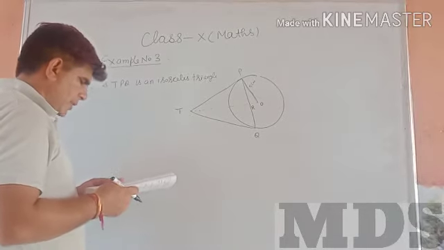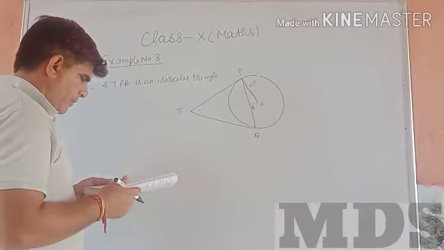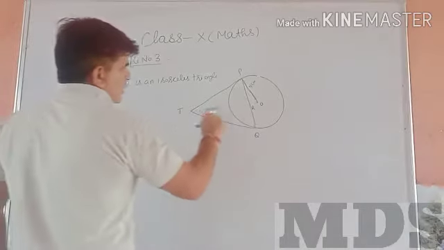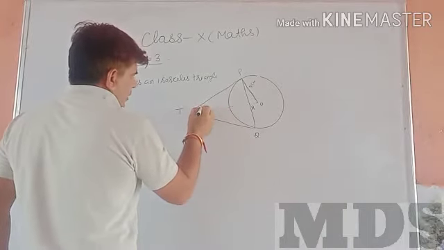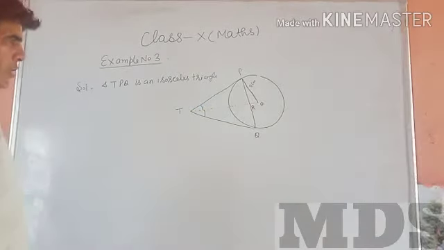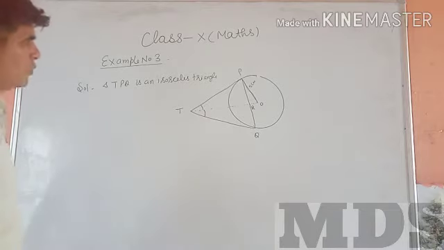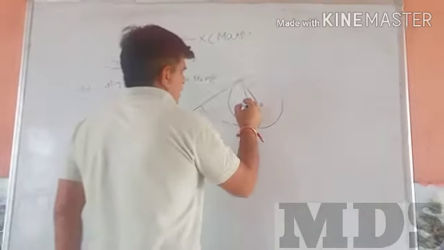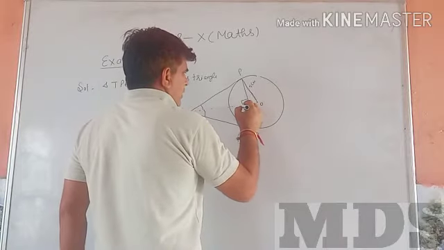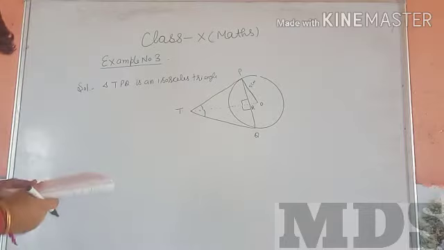OT is the bisector of angle PTQ. Bisector means it divides into two equal parts. Understood or not? And OT is perpendicular to PQ. This angle is how many degrees? 90 degrees. This angle is also 90.